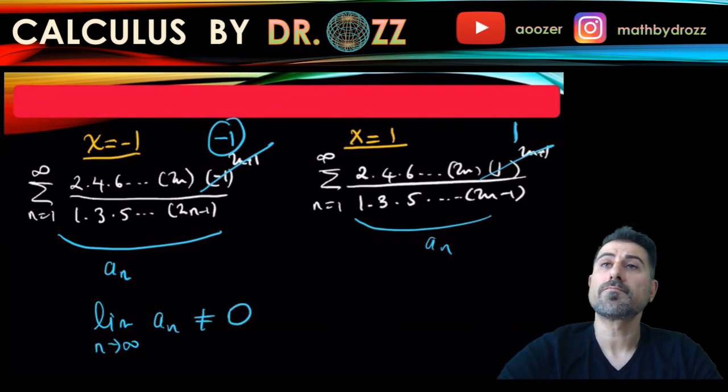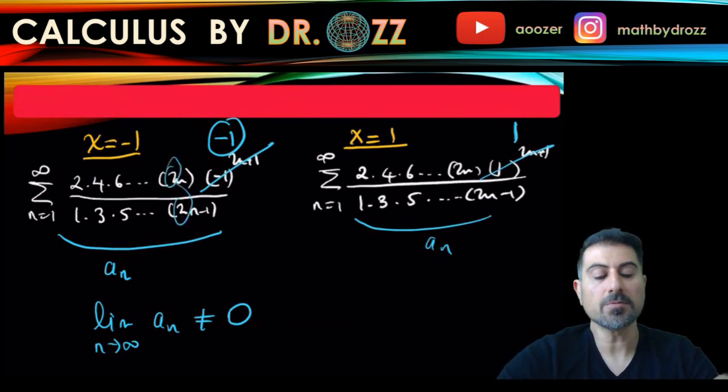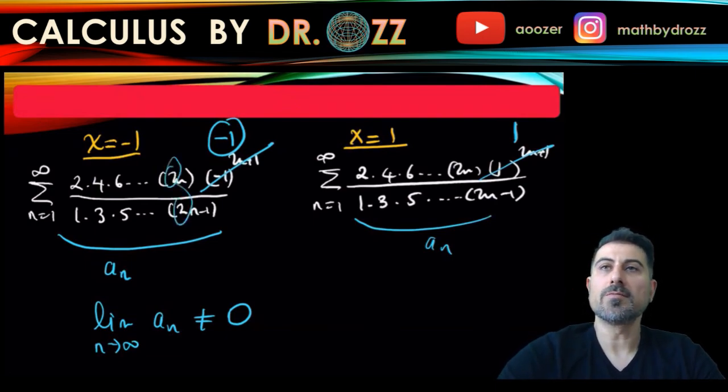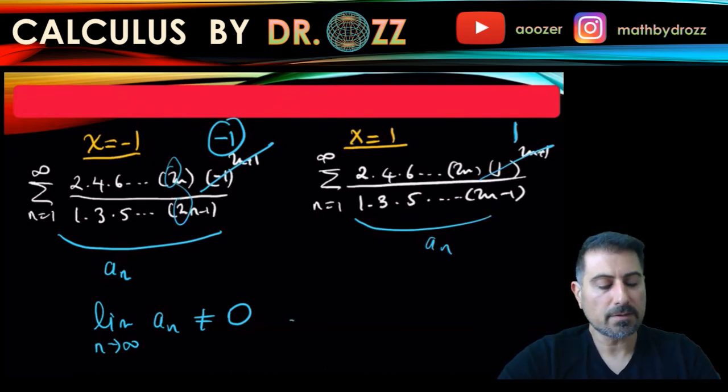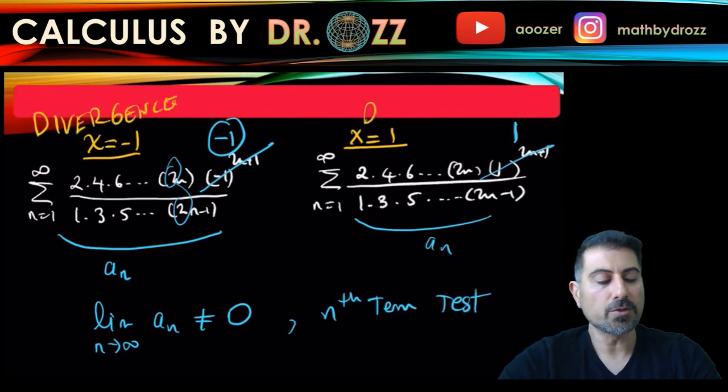In fact, it should be 1, because the top and the bottom are almost the same numbers, and in terms of the coefficients of n, they're both 2 for the highest order terms. So this limit should be something around 1, and that is not 0. The nth term test implies divergence here and divergence here.